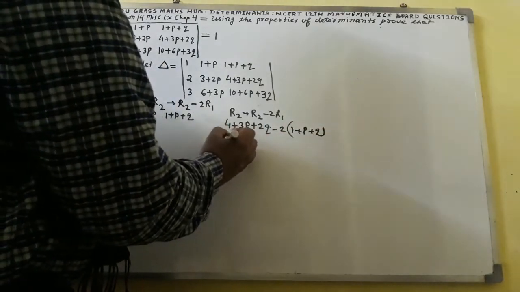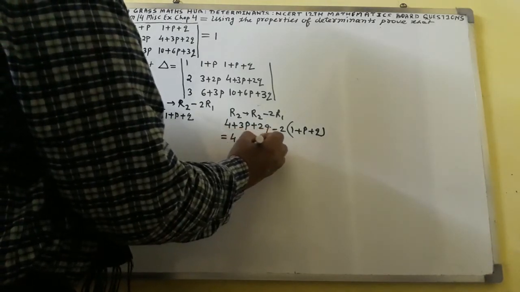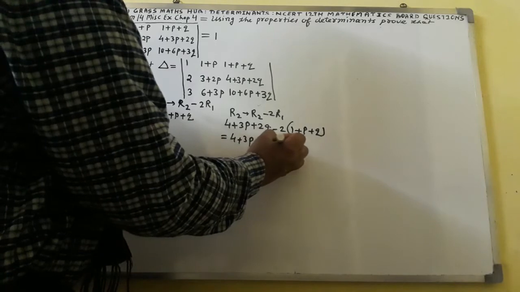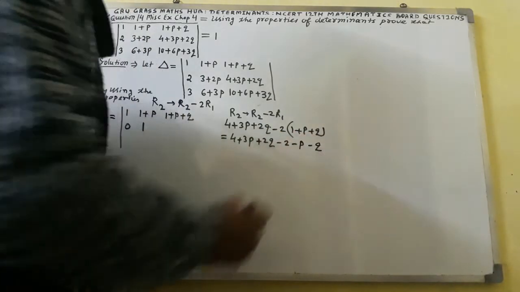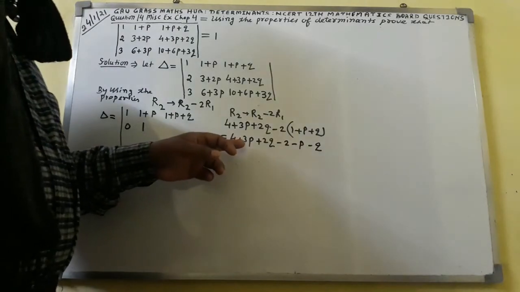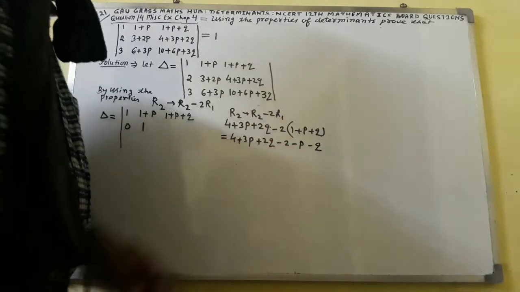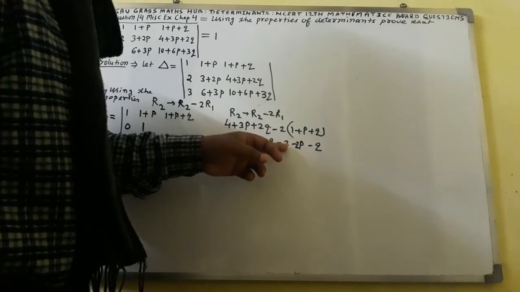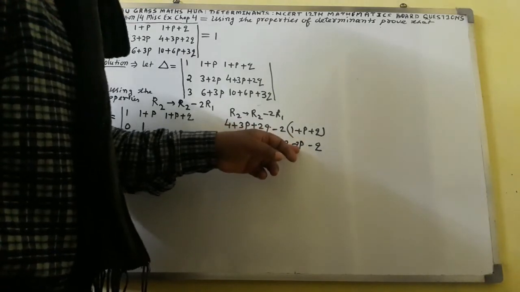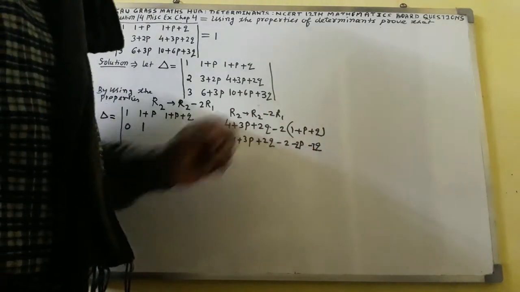Doing the operation, you will get 4 plus 3p plus 2q minus 2 minus 2p minus 2q.